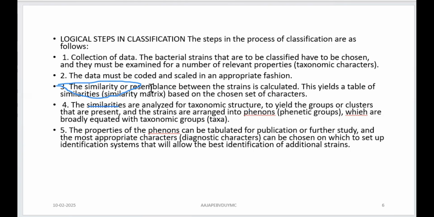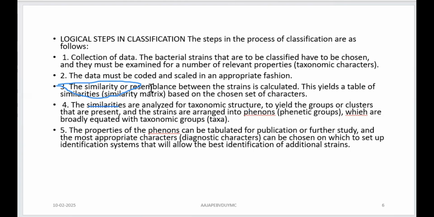Similarly, you can develop a dissimilarity matrix also, right? Or for a given test, how many strains are showing it positive. If they are showing that test positive, they can be put together for that particular test.